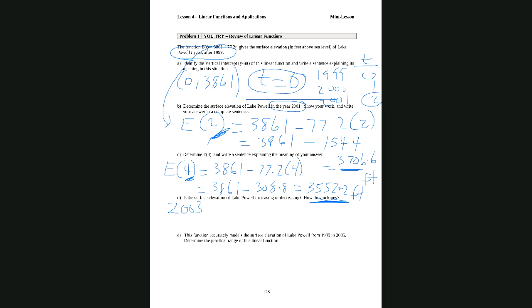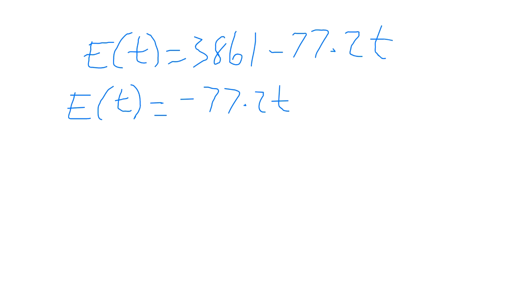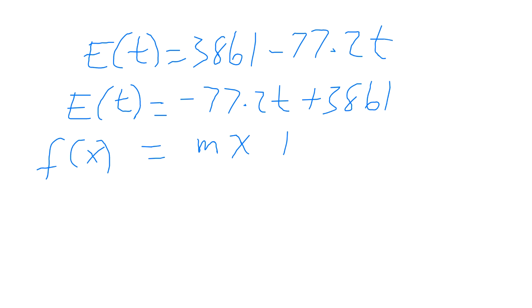Now, if you look at this function, I'm going to go to the whiteboard. E of t equals 3861 minus 77.2t. We could rewrite this if you want to, you don't have to: E of t equals negative 77.2t plus 3861. Now, if you compare this to f of x equals mx plus b, what is my m?